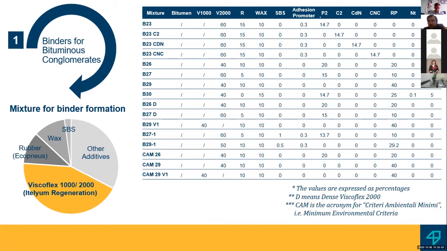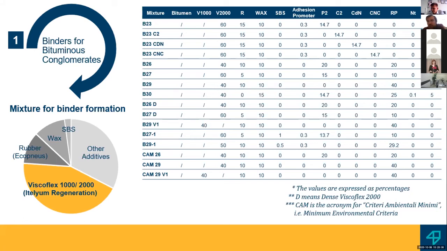This is an adhesion promoter here, and it is used to improve the connection between the bitumen and the conglomerates and the aggregates. P2 and C2, CDN and CNC are waste products derived from paper wastes.